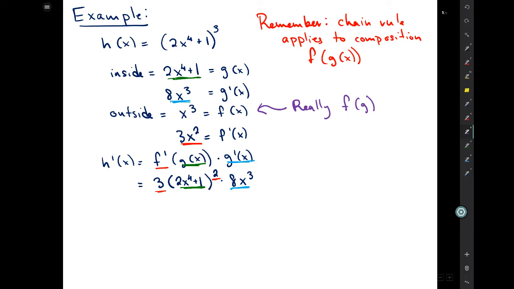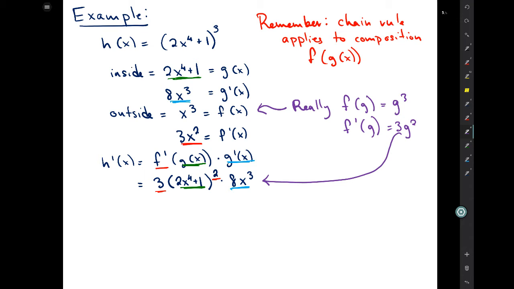We have f of g, and f of g is g cubed, and so f prime of g is 3g squared. And so that's why this translates down here into having to take this 2x to the 4 plus 1 and stick that into the 3 times blah squared.